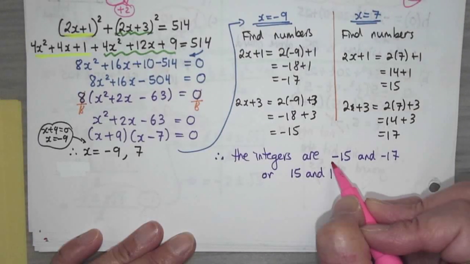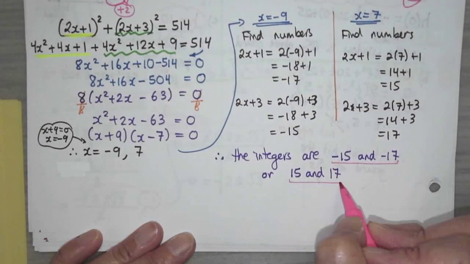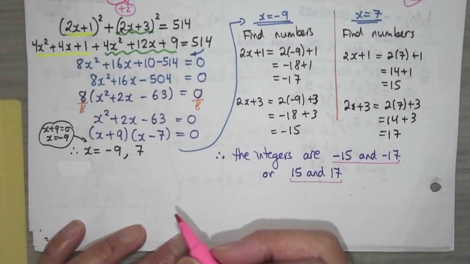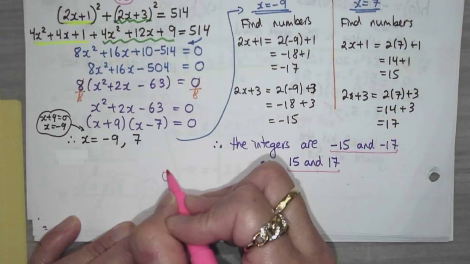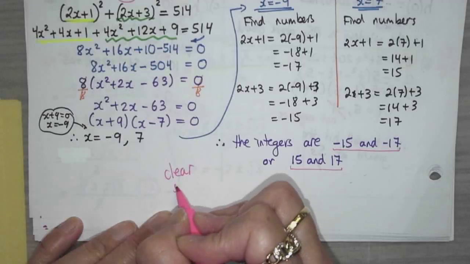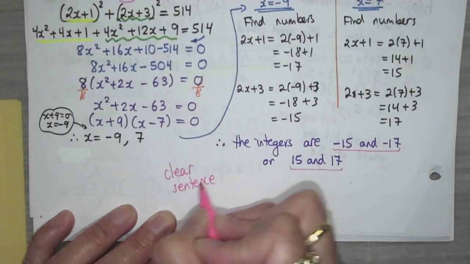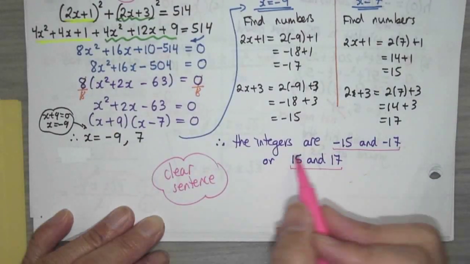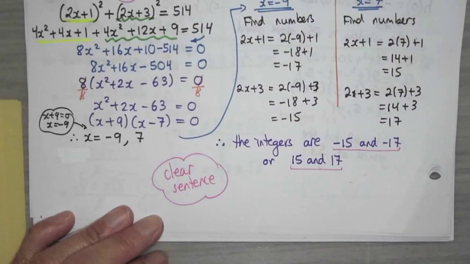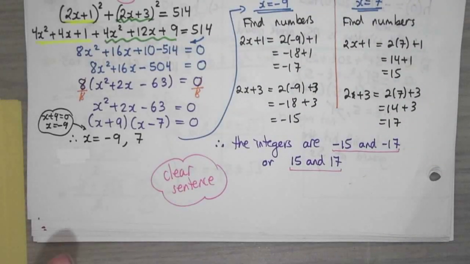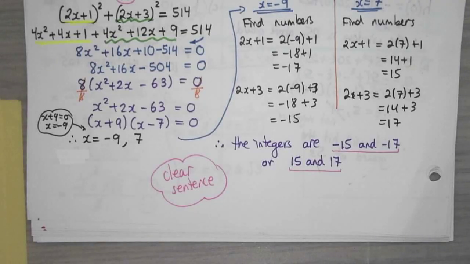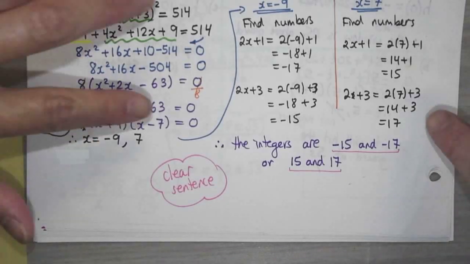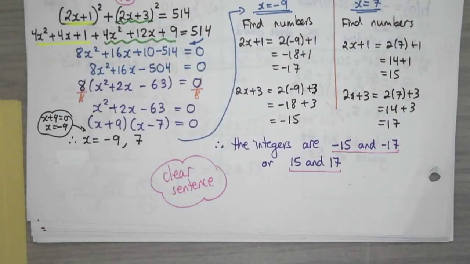It's these guys together and these guys together. You have to do a clear sentence with no symbols, but also to make sense. If you list all 4 together, you're saying all 4 are consecutive integers. That's not. Okay, so just at the last part, you don't want to lose the marks because you said it all together. Two sets of answers. Okay?